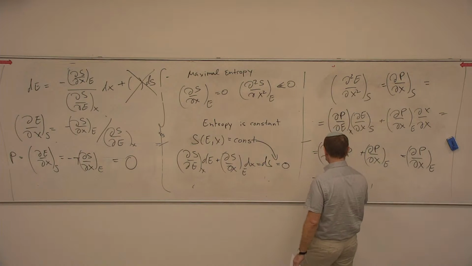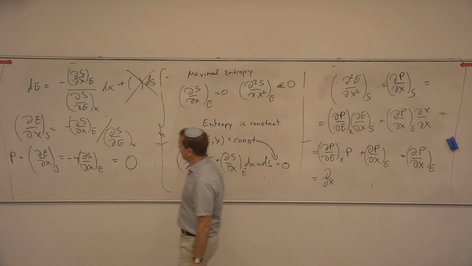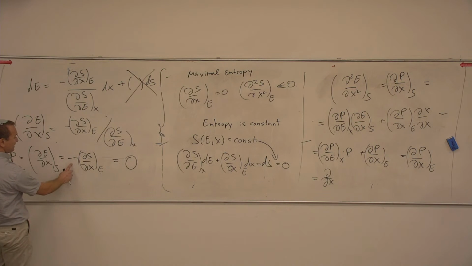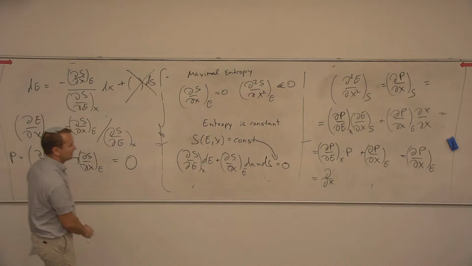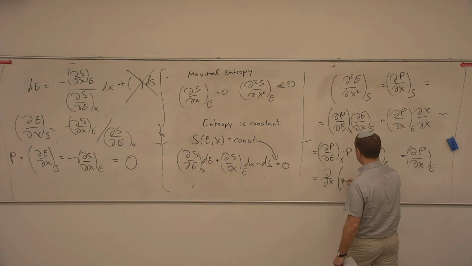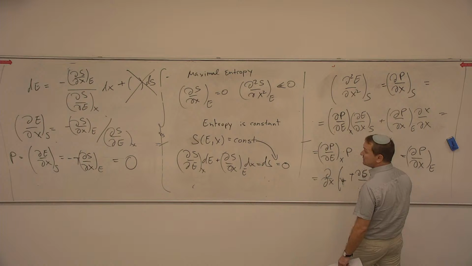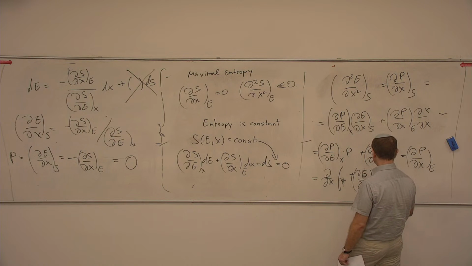Okay, so now it's d to dx of whatever T is. T is minus dS to dx at constant E, divided by dS to dE at constant x.